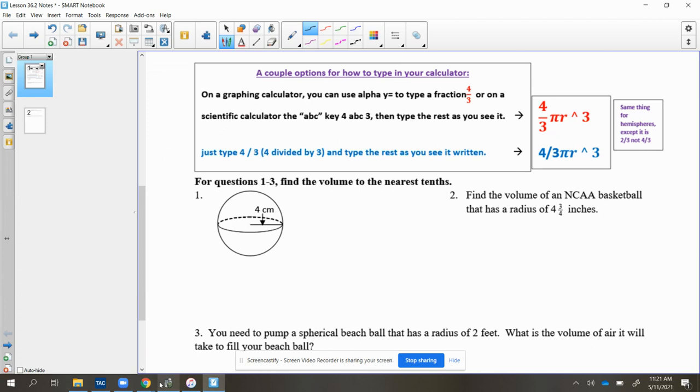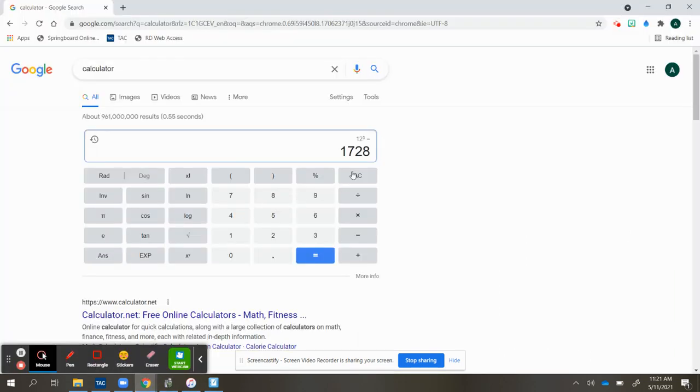Same thing if you were using Google. Let's say we're using 12, we would just type 4 divided by 3, times our pi, and our radius to the third power. So just practice typing that in to make sure that you are getting the correct answer.